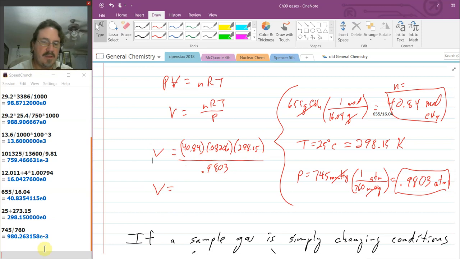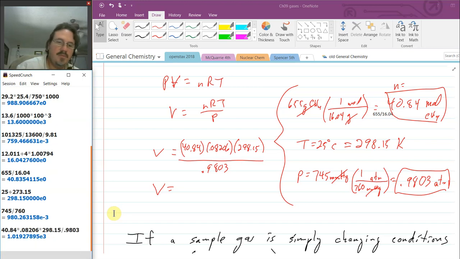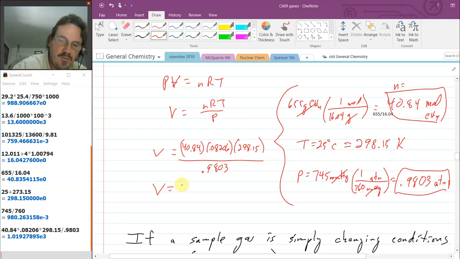That will equal my volume. All right, back to the calculator. 40.84 times 0.08206 times 298.15 divided by 0.9803. Okay, if I did that all correctly, my volume is equal to 1,019 times 10 to the third. So 1,019 liters.